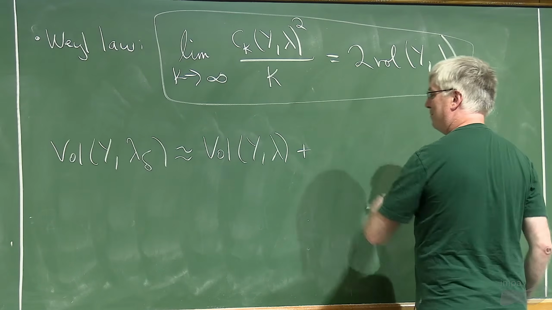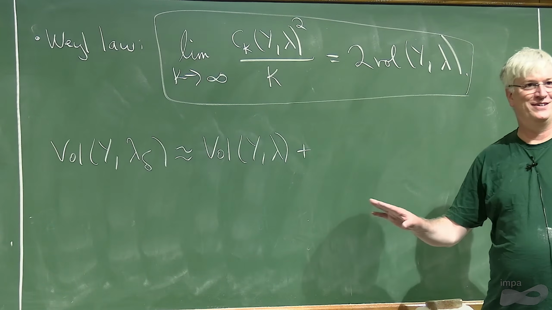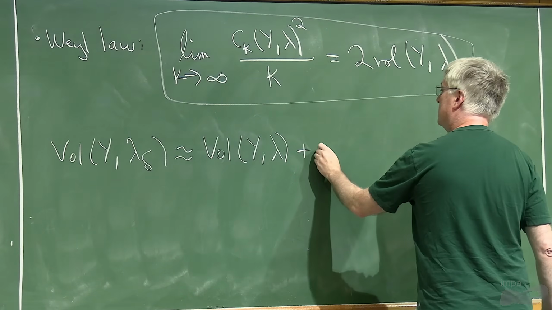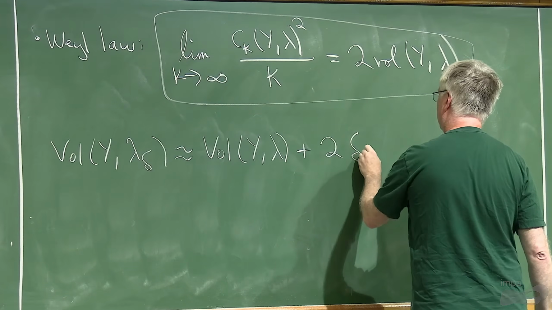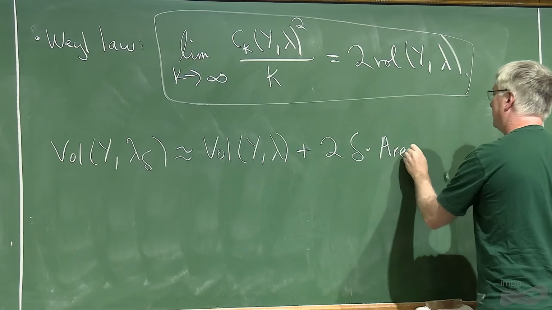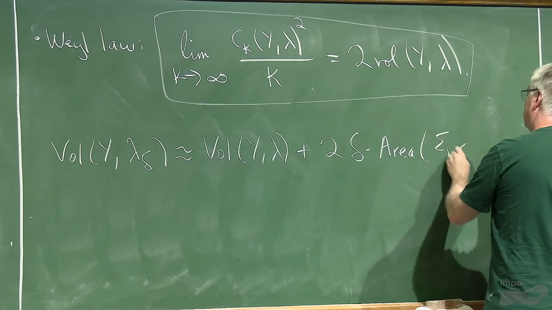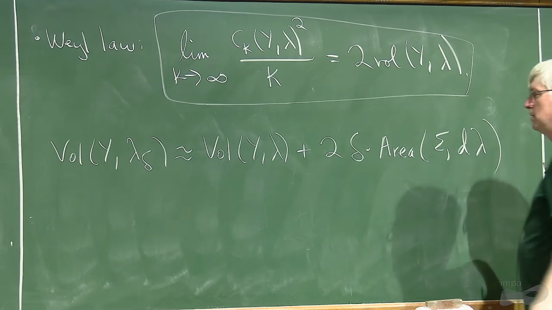Plus, I'll buy you all a box of chalk afterwards. Okay. Plus 2 delta times the area of sigma. Okay.